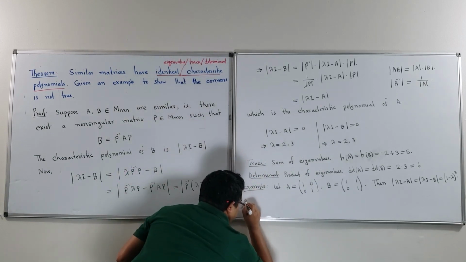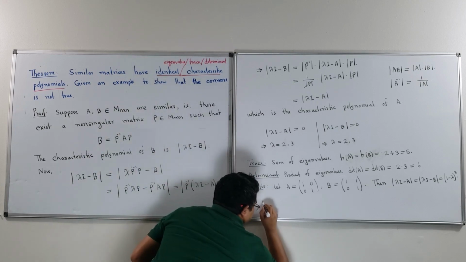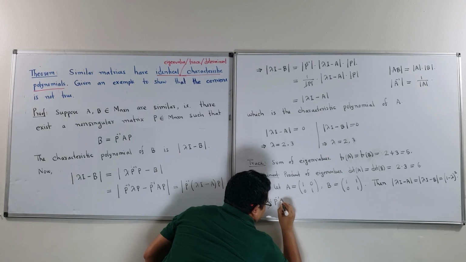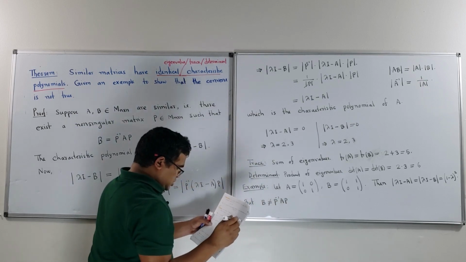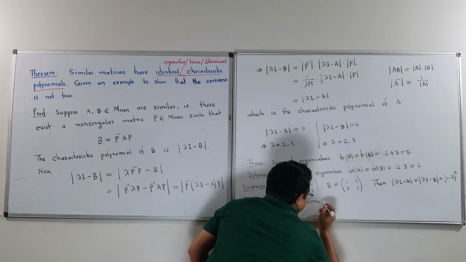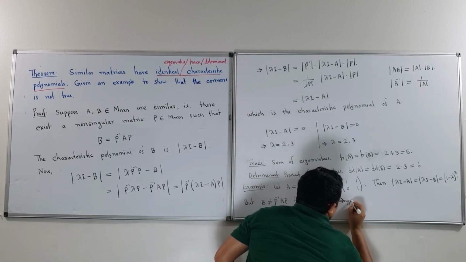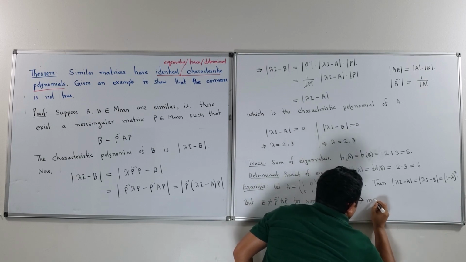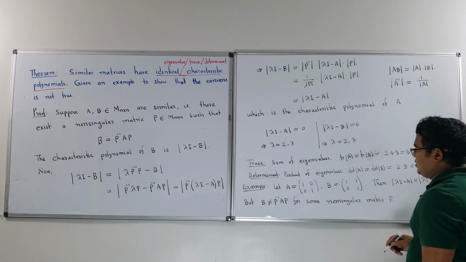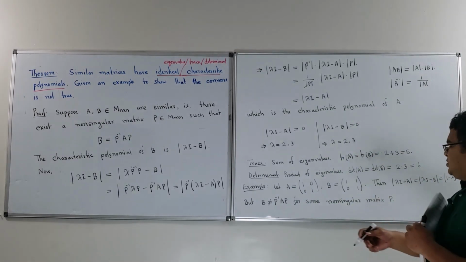B is not equal to P inverse AP for any non-singular matrix P. So how do we find this non-singular matrix P?